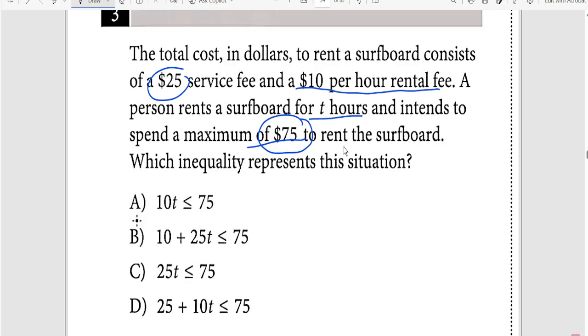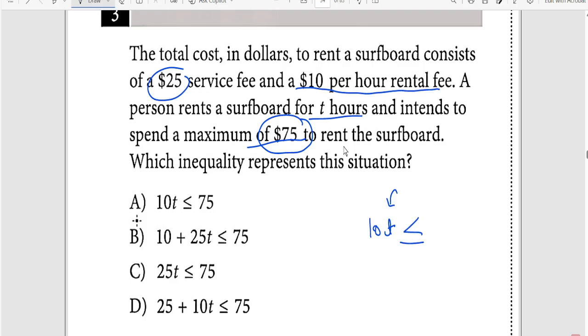So this per hour means 10t, right? Let's say t is the time, because if there are t hours, then 10 times t will give us the hourly fees. Okay, then a maximum of 75 means the total cost must be less than or equal to $75.